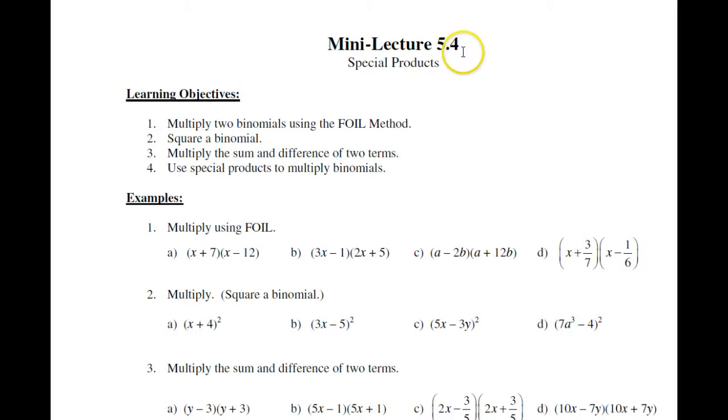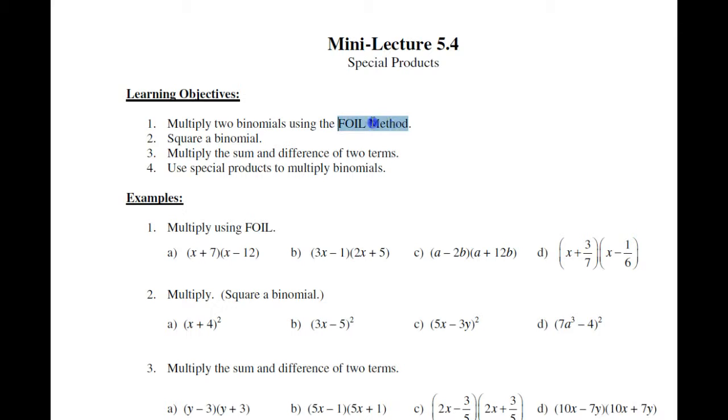As we go into topic 4 now, this is going to be a lesson on special products. Now again, the word product implies that you're going to multiply something, and that's why these are called special products, because there's a special way of doing it.